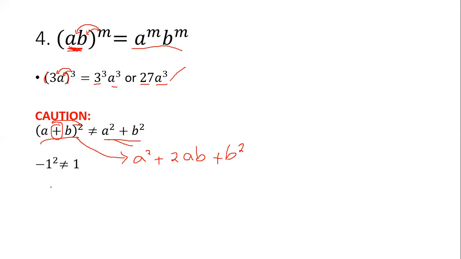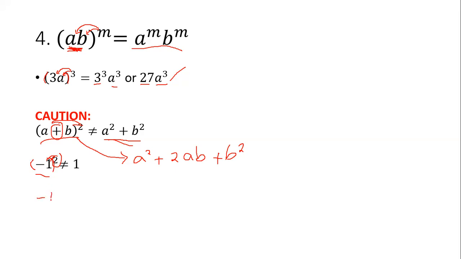Meron pong negative. Sinasabi dito, ang negative 1 squared ay hindi po equivalent sa 1. Bakit? Di ba dapat dito, i-distribute po natin yung exponent na 2 dito po sa ating factors. Yes, kapag yung negative 1 po ay naka-enclose sa isang parenthesis.